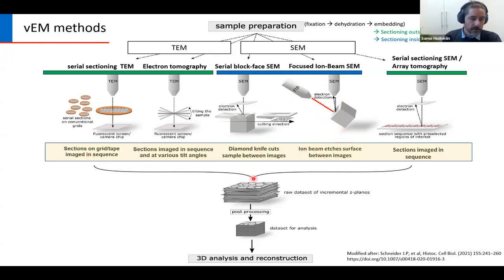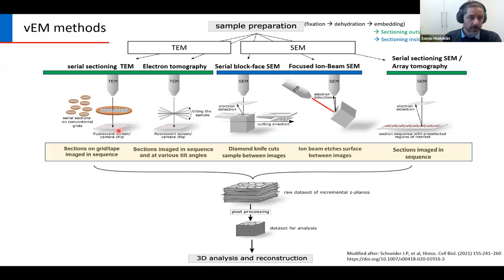In all cases, you eventually get a stack of images which differ along the z-axis, and then you analyze those data, you correlate data, you segment the data, and based on those data sets, you can then do the 3D analysis and reconstructions, modeling, and of course, you can also obtain some quantitative data to give you some numbers about the structures that you have in the volume.